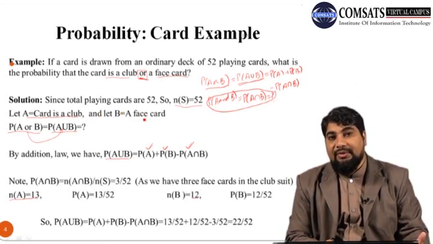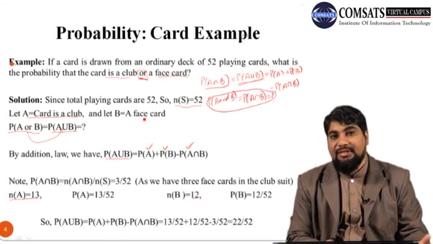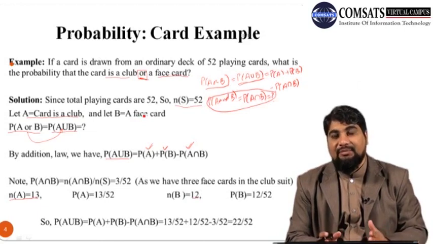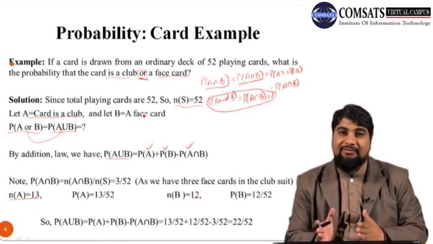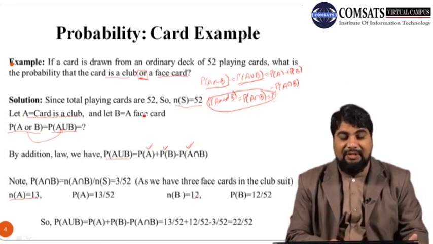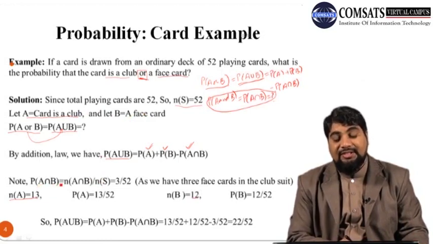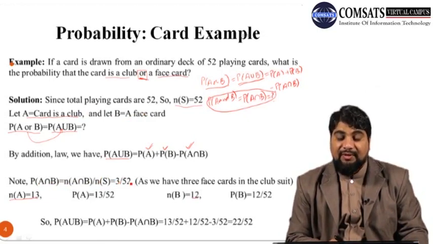Since there are 12 face cards, 3 in each suit (diamond, hearts, spade and club), there are 3 cards which are common: they are face cards as well as clubs. So A intersection B is 3, and probability of A intersection B is 3 out of 52.